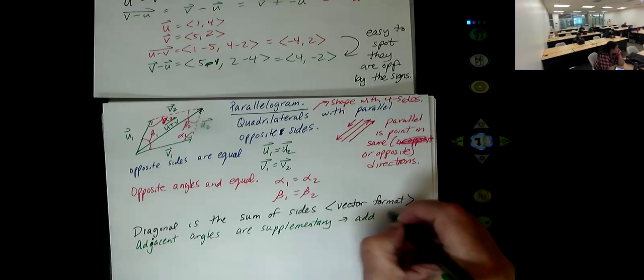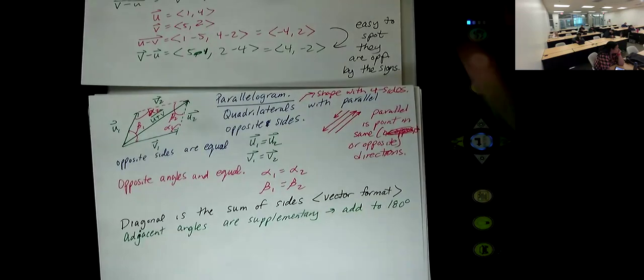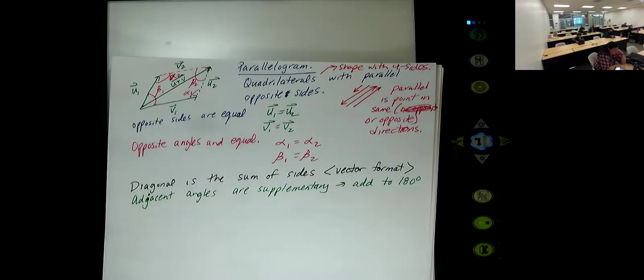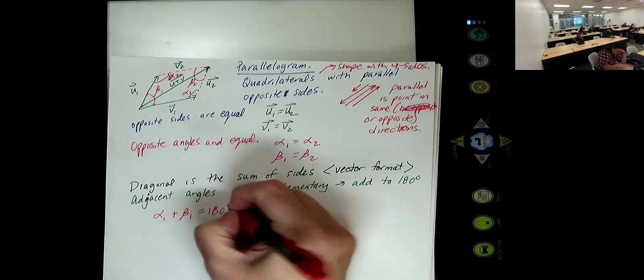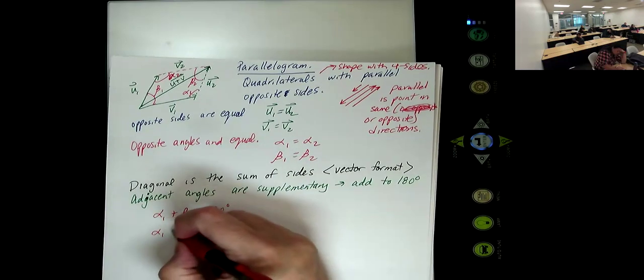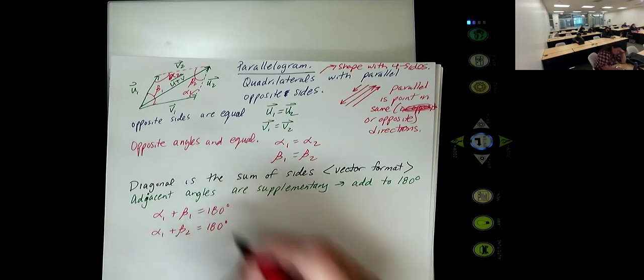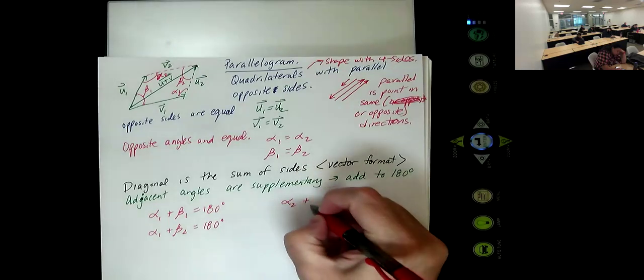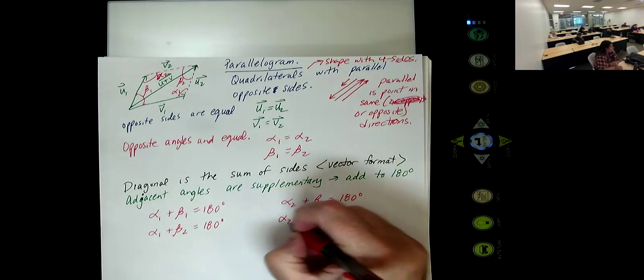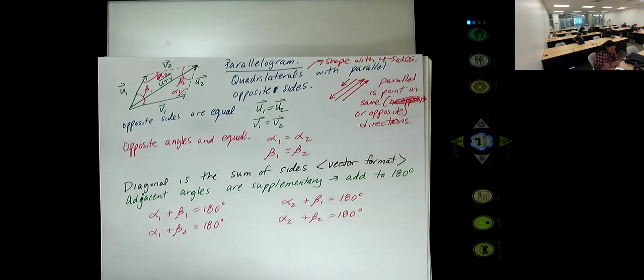Good. So pictorially, alpha 1 plus beta 1 equals 180. Alpha 1 plus beta 2 equals 180. Any combination of two angles that are next to each other add to 180.